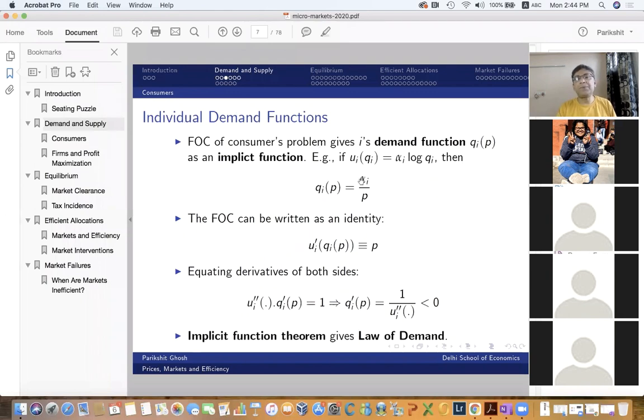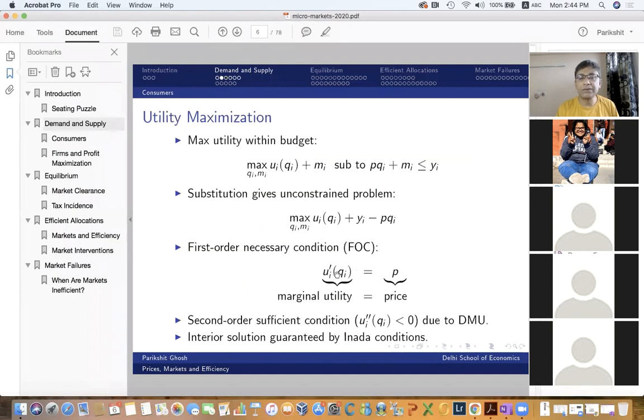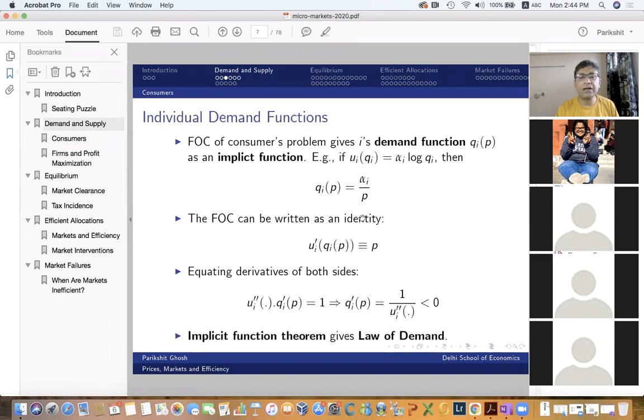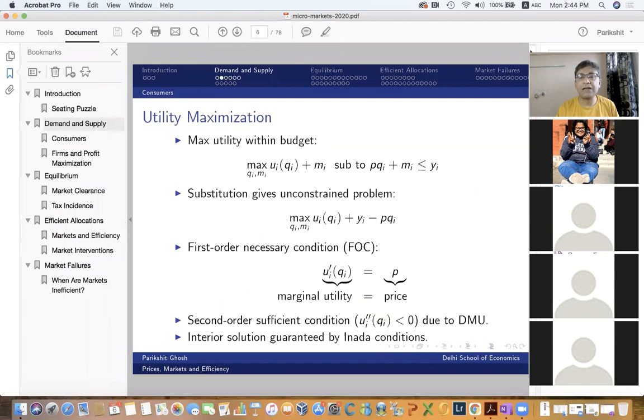Okay, here's a particular example. Suppose U is a log function, some constant alpha_i times log of Q_i. Then if we apply this equation, the marginal utility is essentially alpha_i by Q_i, right? So alpha_i by Q_i will be set equal to the price.